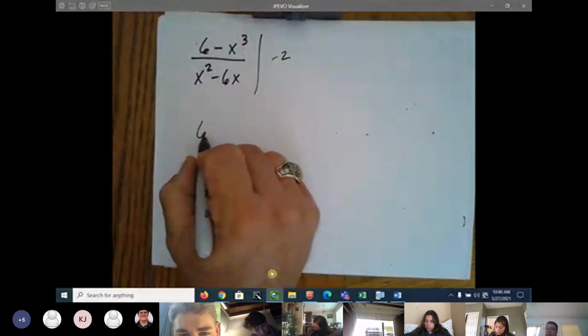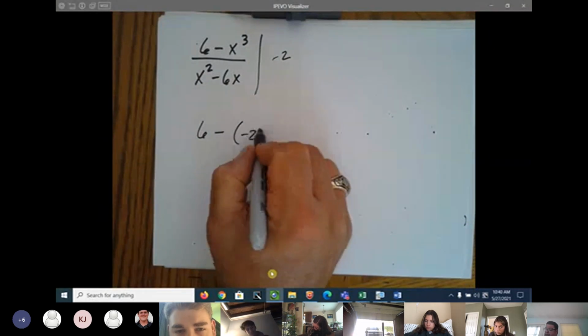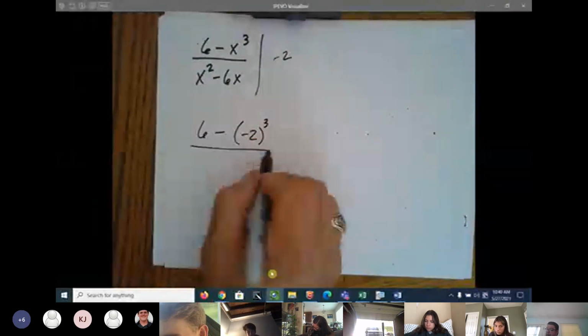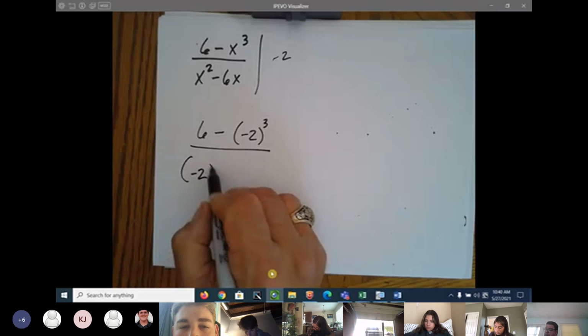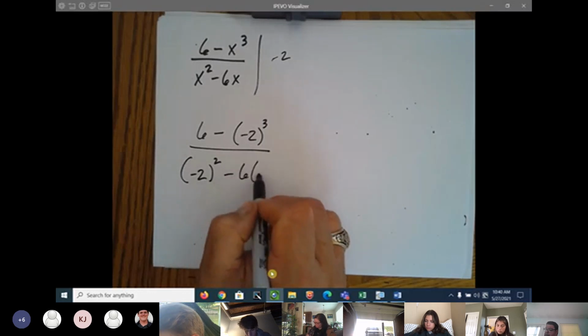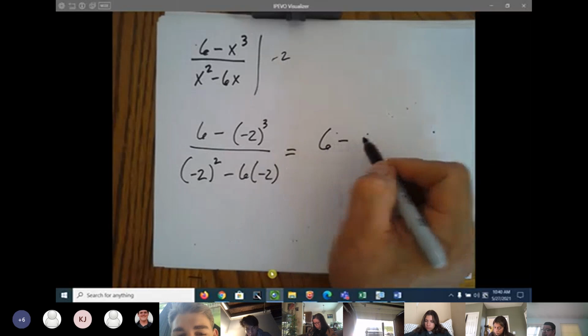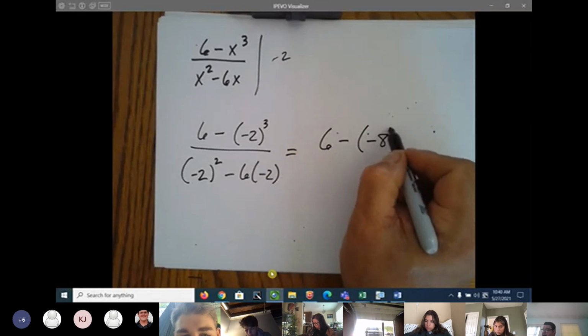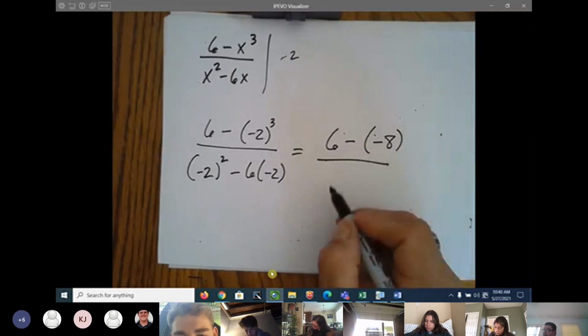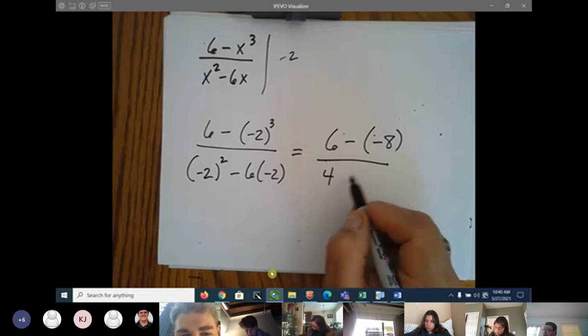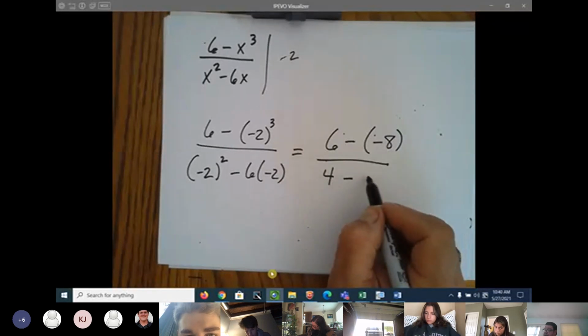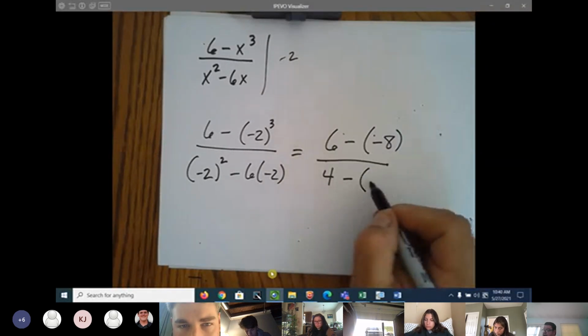So 6 minus negative 2 cubed over negative 2 squared minus 6 times negative 2. 6 minus a negative 8 over 4 minus 6 times negative 2 is negative 12.